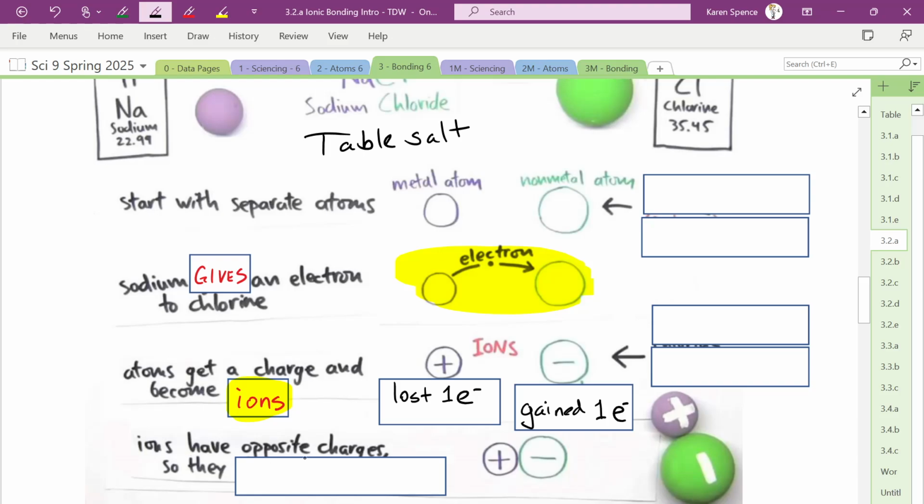And ions have opposite charges, so what do they do? They attract and bond. I don't know what's in those boxes on the right-hand side. We're going to have to wait for the mystery to be revealed. I have a feeling it's like sodium and chlorine and sodium chloride, but I'm not sure, so let's find out.